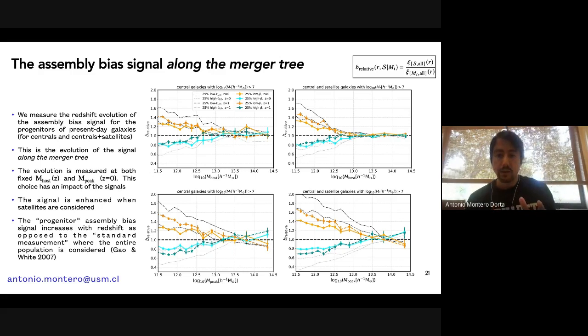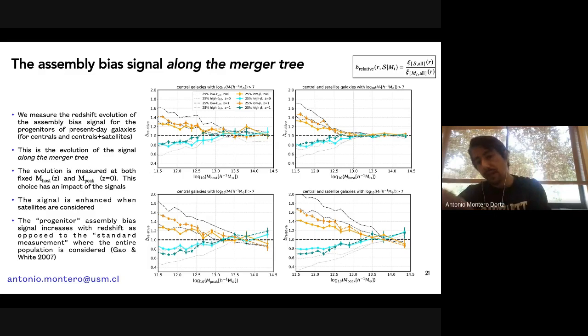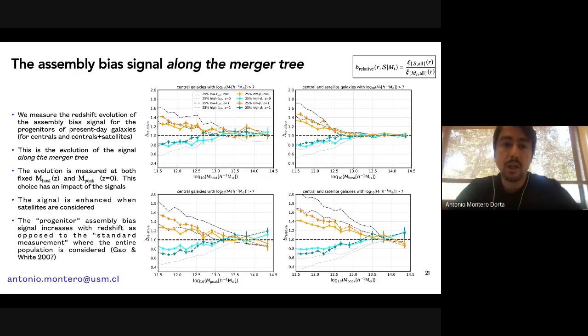So we can also measure here the assembly bias signal. And this is what is shown here. There are several things here that can be mentioned. We basically measure the redshift evolution of assembly bias here. On the left-hand panels for central galaxies alone, on the right-hand panels for central and satellite galaxies together.